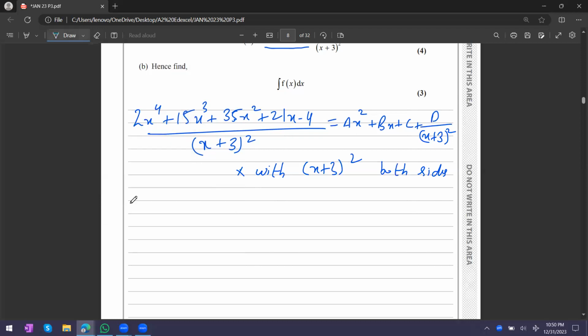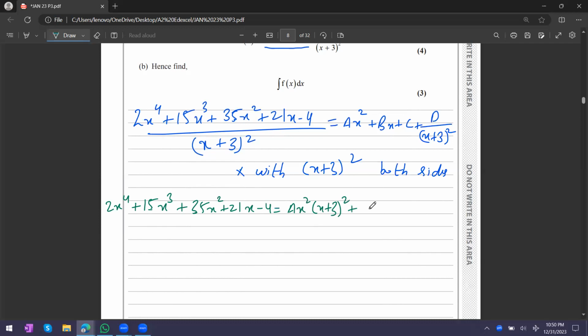That is going to be a little lengthy, but again we need to write 15x cube. Now ax squared times x plus 3 whole square, it's going to be like that. Every term on the right side multiplies with x plus 3 whole square.